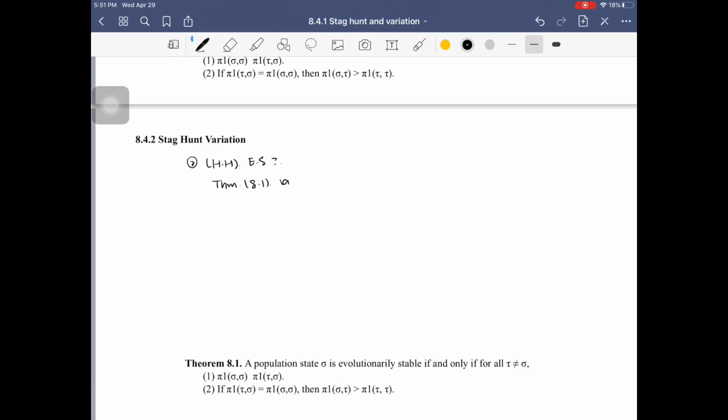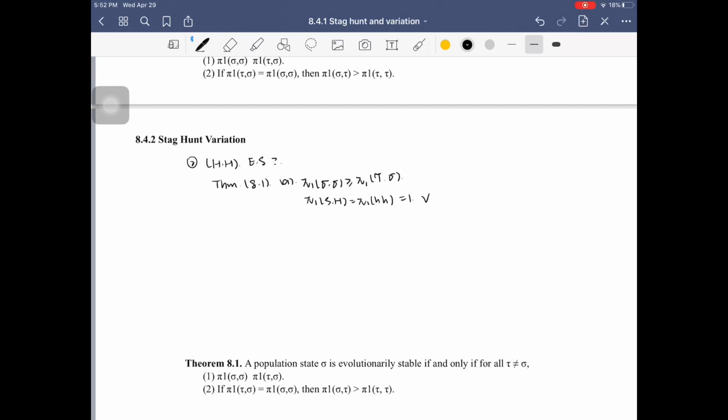The first criterion is pi 1 of sigma, sigma greater than or equal to pi 1 of tau, sigma. And pi 1 of sh equals pi 1 of hh equals 1, which is satisfied.